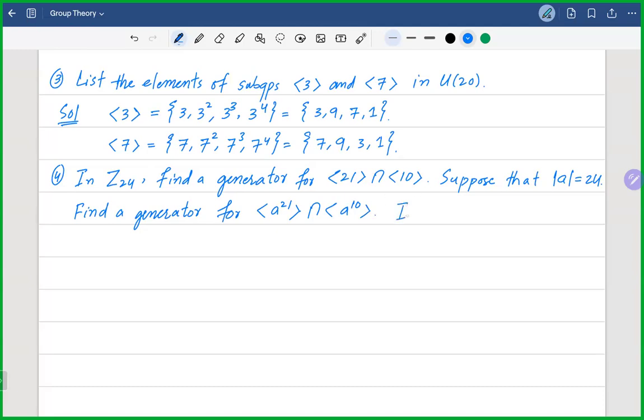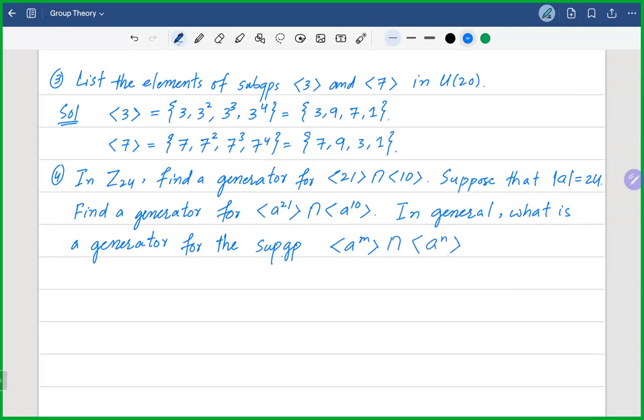And in general, what is a generator for the subgroup generated by A power m intersection A power n.